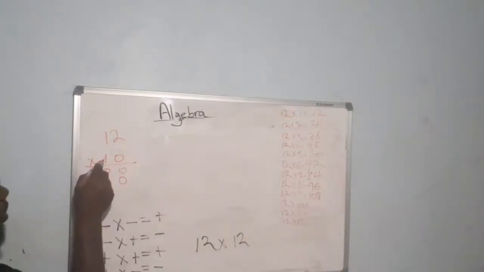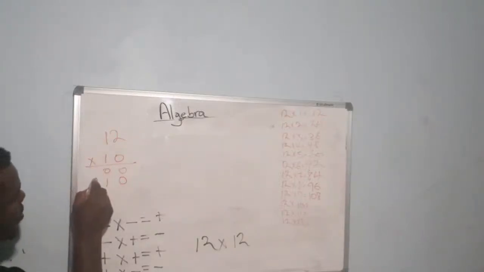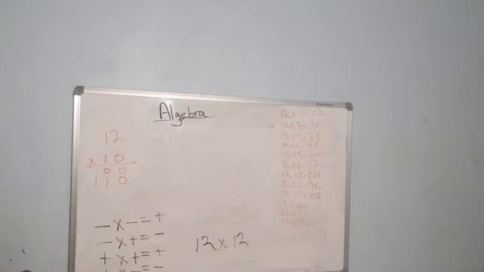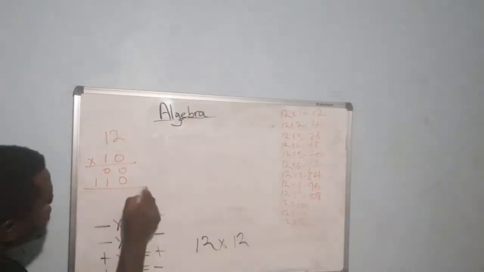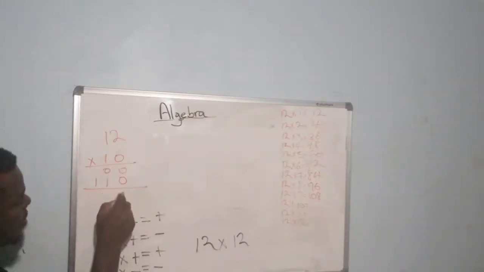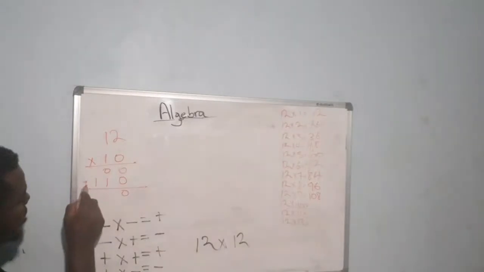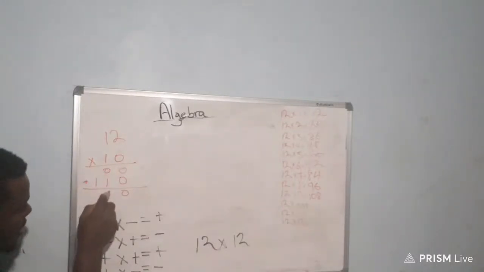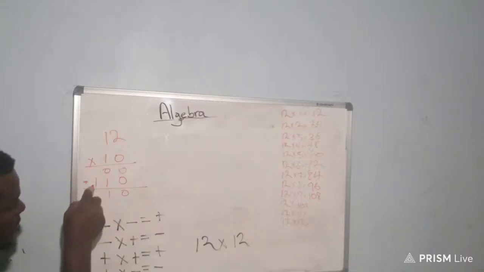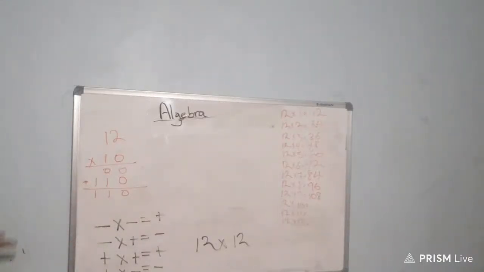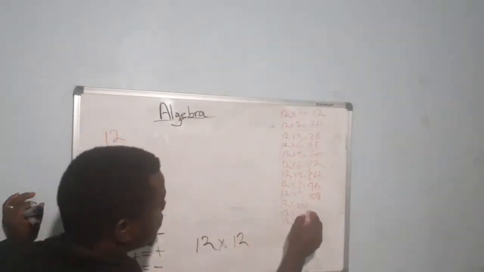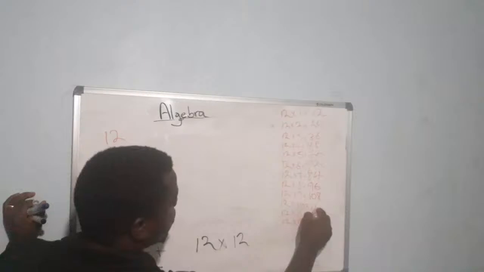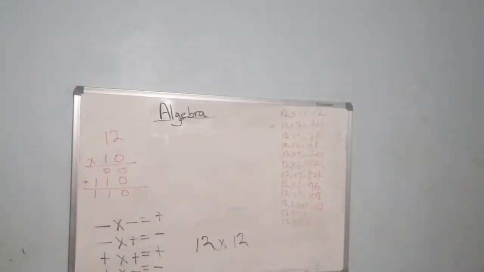And you multiply 1 times 1, which is 1. So 0 plus 0, 0, because you're adding down here now. And 1 plus 0 is 1. And you don't have anything to add that to, so you just bring back down that 1. So 10 times 12 is 110.